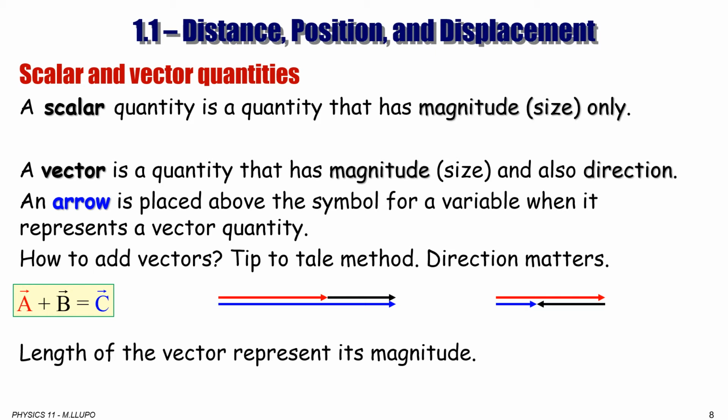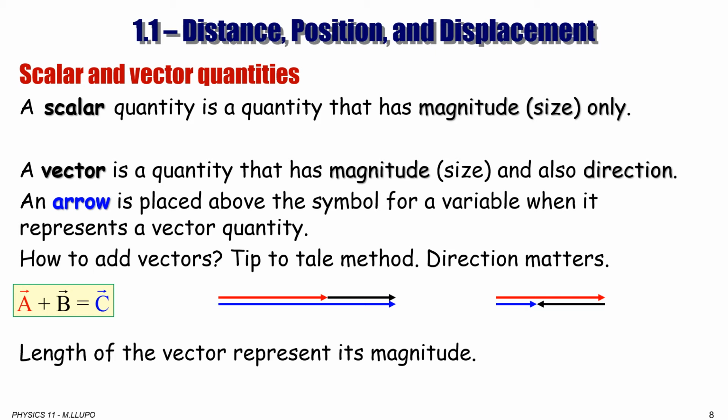We're going to talk about this later on, but we can represent the second diagram as A minus B as well, because two vectors can be labelled as vector A, for example, and vector minus A if they have the same magnitude but opposite direction.